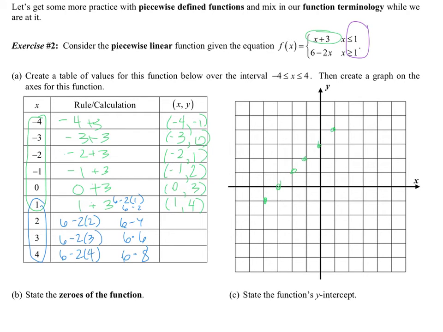So for 1, it's still going to be 4. So (1, 4) is still our answer. Then (2, 2), (3, 0), (4, -2). So if we plot those points, we now have a piecewise function that looks like this.